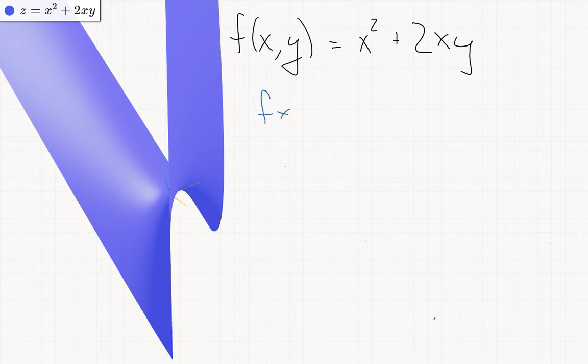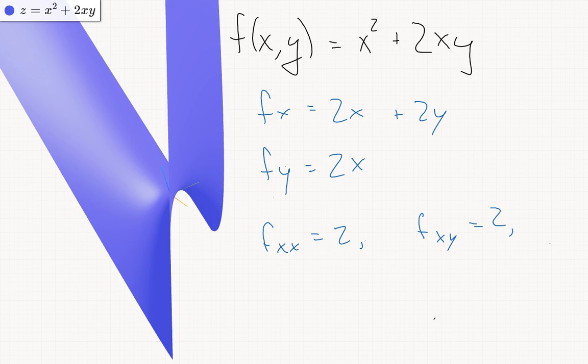So fx is 2x + 2y, fy is 2x, and so then the second derivatives will be fxx is 2, fxy is 2, and fyy is 0.